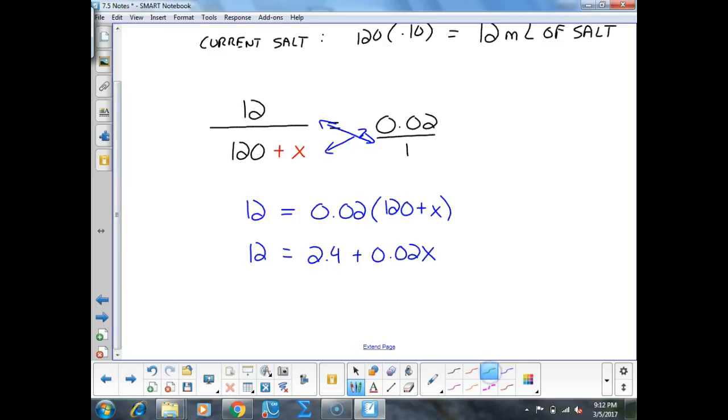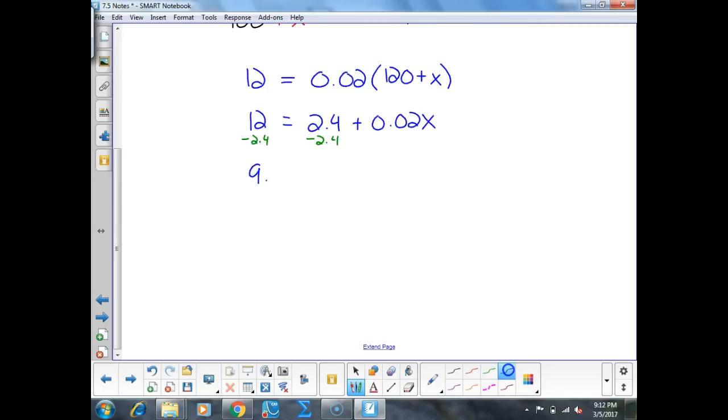subtracting 2.4 from both sides, will give me 9.6 equals 0.02x. Divide both sides by 0.02.